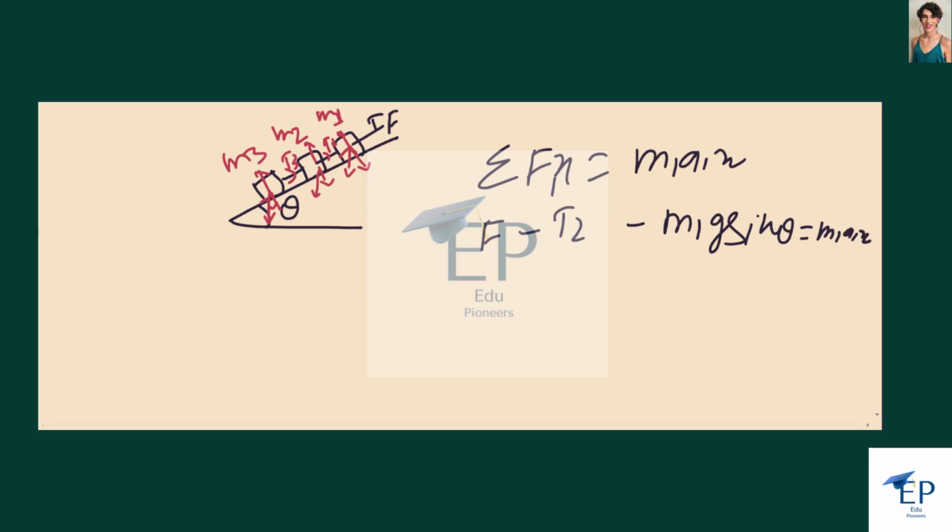And the same for the second one: net force Fx for the second is equal to M2 into A2X. Obviously over there A1, A2 and A3 are the same for all of them because they are connected by a frictionless and massless rope, so we are not going to use A1 or A2, just AX.